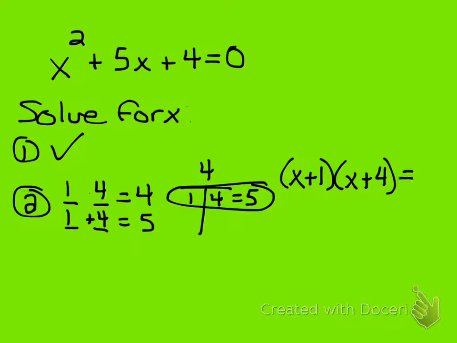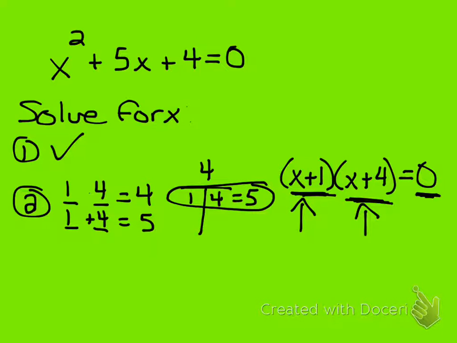Now, we still have this set equal to 0. So what I want you to think about is, what are you going to have in order to have these things multiply to give you 0? The only way to get 0 when you're multiplying is to multiply something times 0. That means that for this to be true, one of your factors has to be equal to 0.